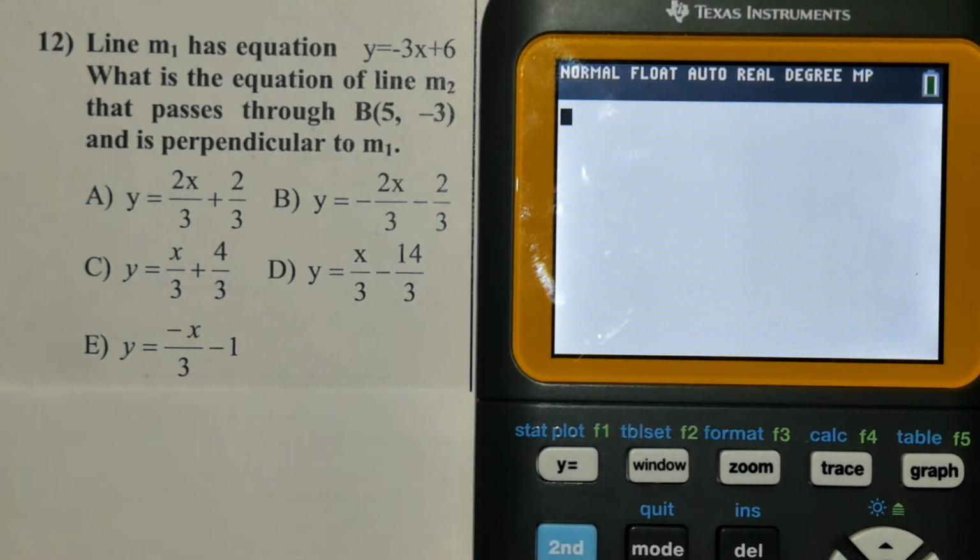You have 1 minute to complete problem number 12. If you obtain an answer of D, please move on to the next question.